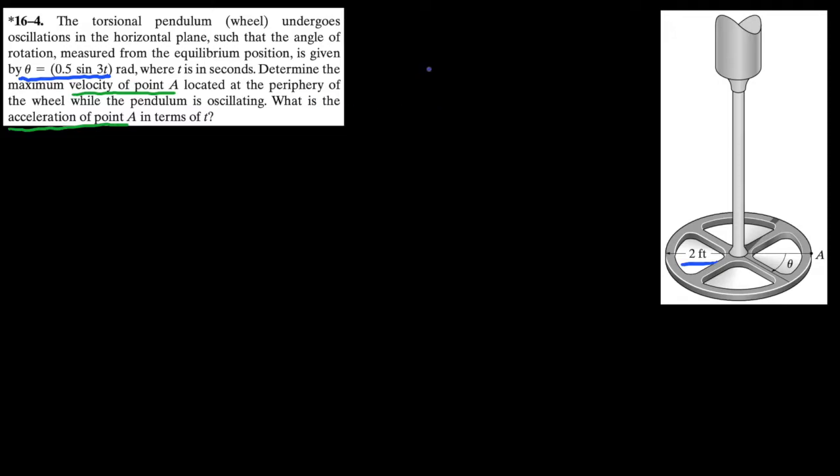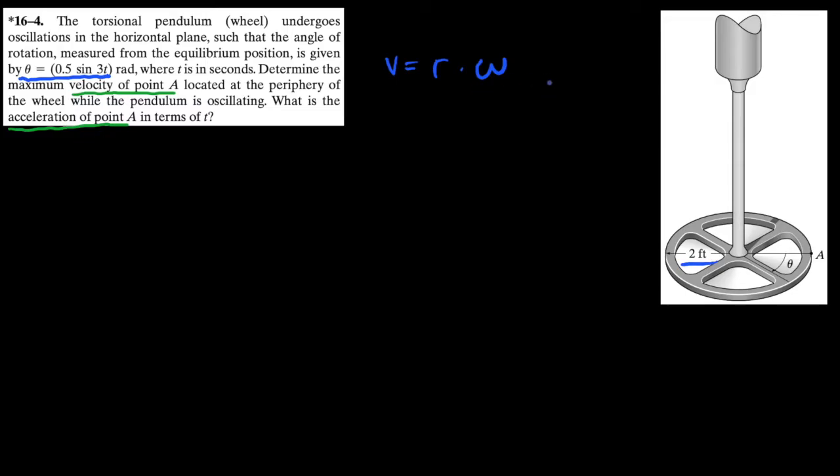How can we get the velocity? We're talking about circular motion, so this equation will be very helpful: velocity equals the radius times angular velocity.